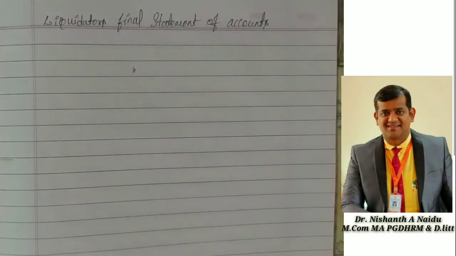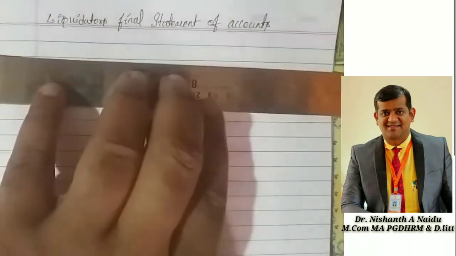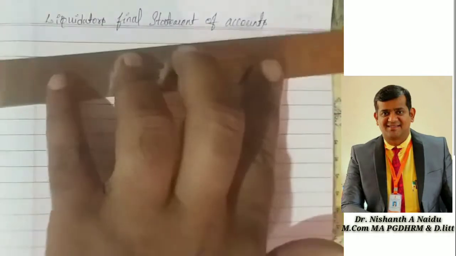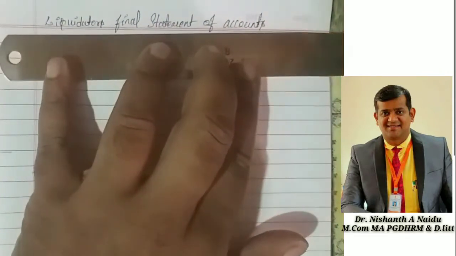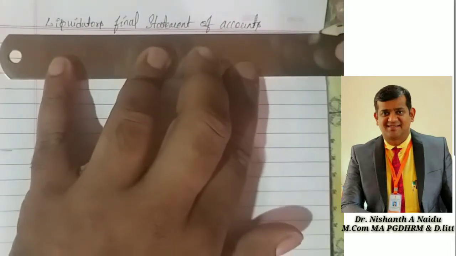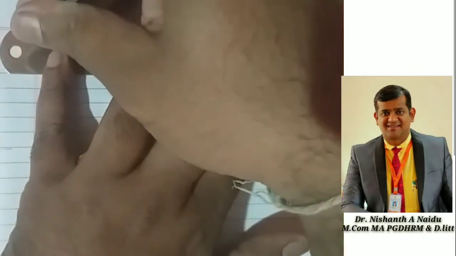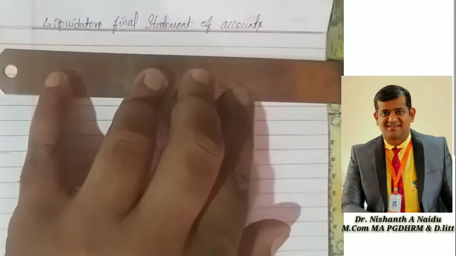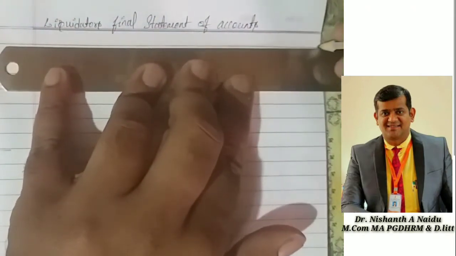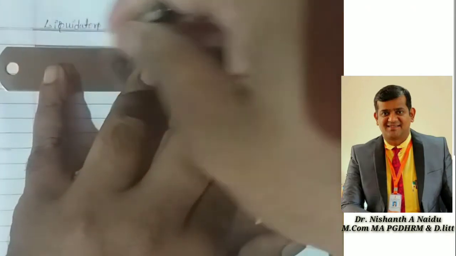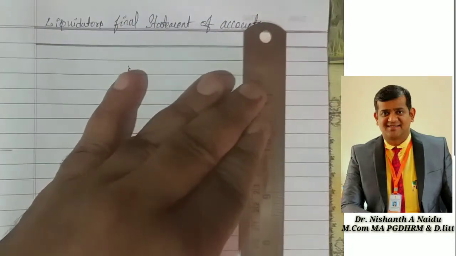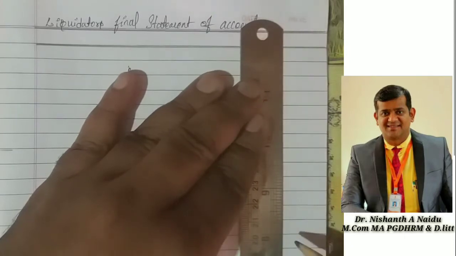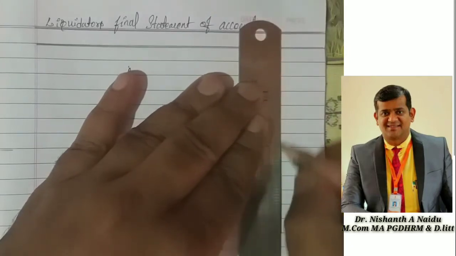Okay, so let us open the table. The table is a normal table, that is a ledger account. So open one ledger account. Around half a page I might require. Yes, it is a normal ledger account which I am opening.